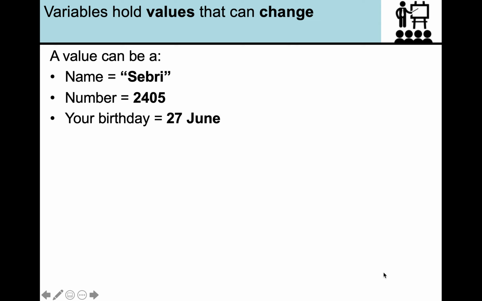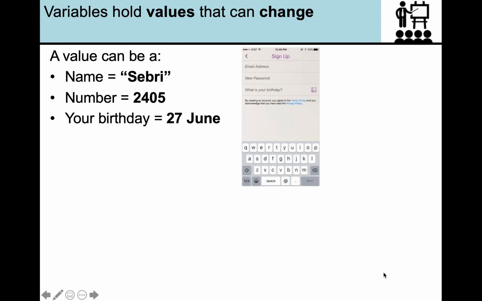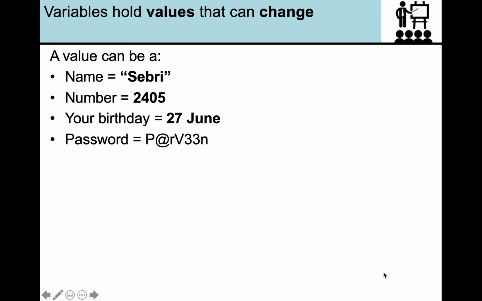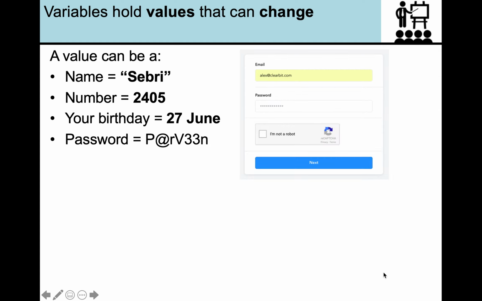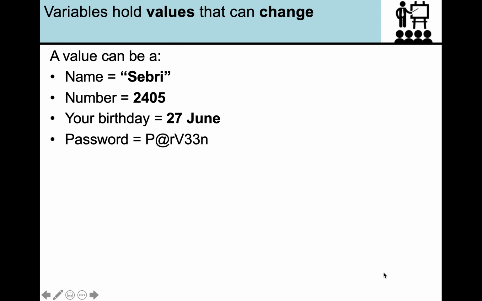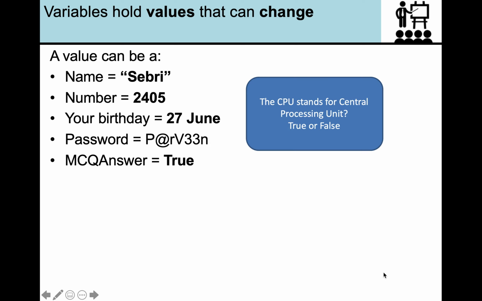It could be a birthday. So when you signed up for Snapchat, you probably had to enter your birthday in. Could be a password. So whenever you enter your login details, your password is stored in a variable, so it can compare it to your email address and let you in. Or it could be the answer to a multiple choice question, which could be true or false.